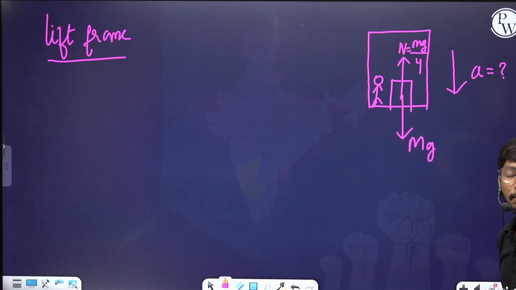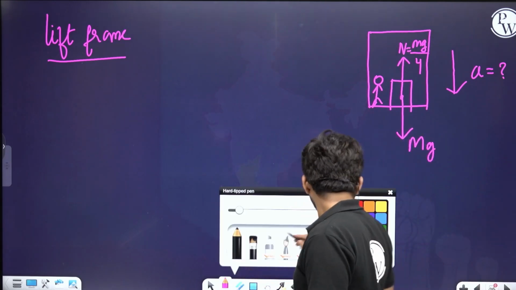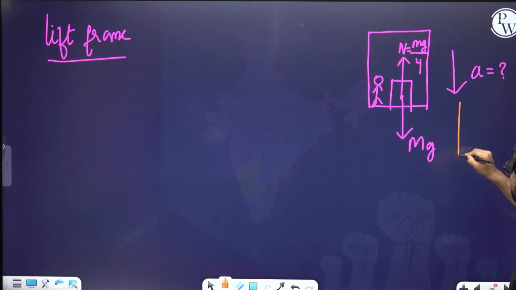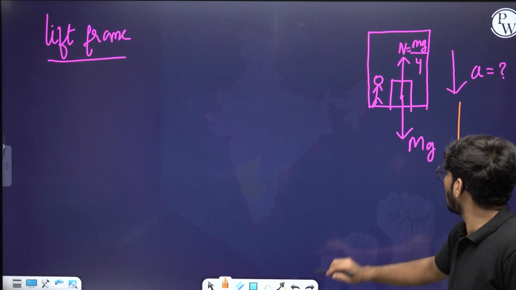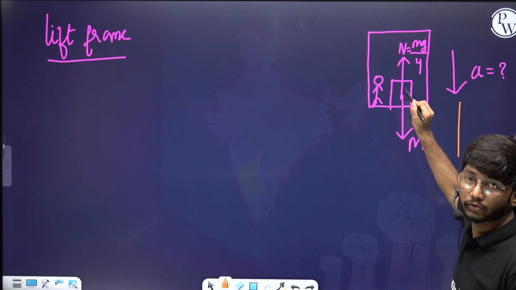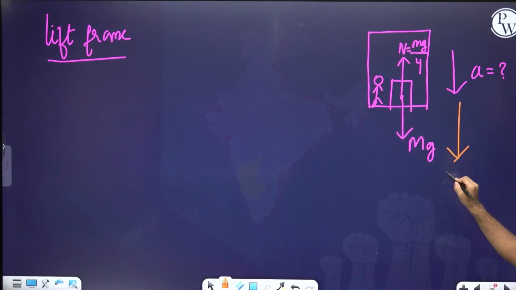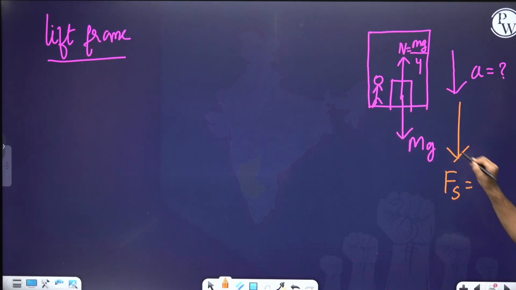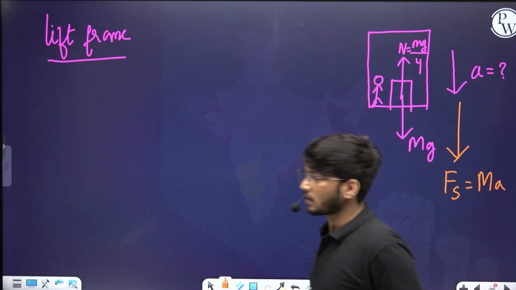But we need to include what type of force? We need to include pseudo force also on the block. So this pseudo force has magnitude mass into acceleration of the frame.